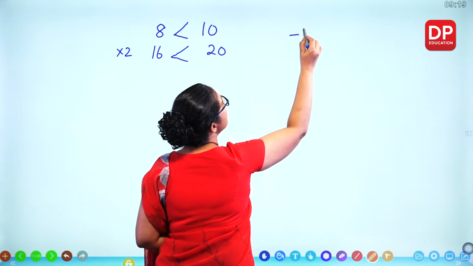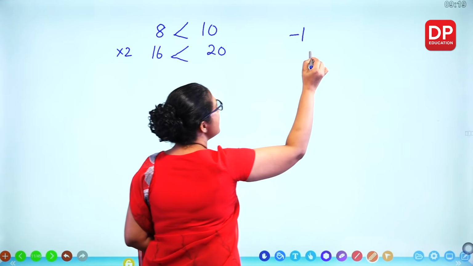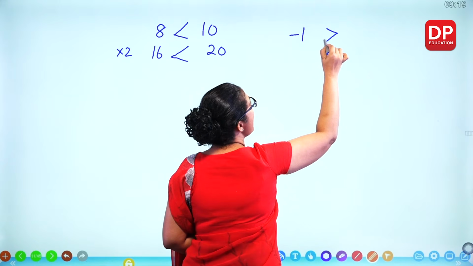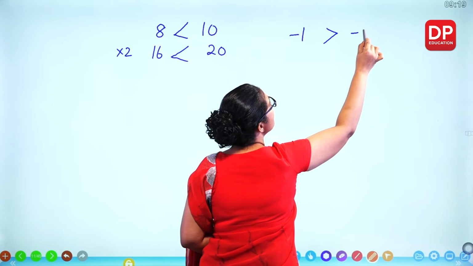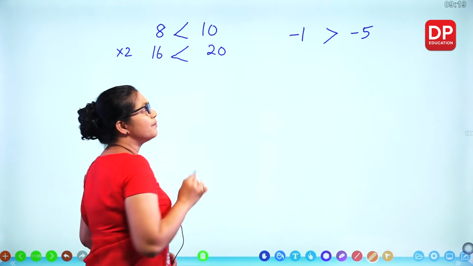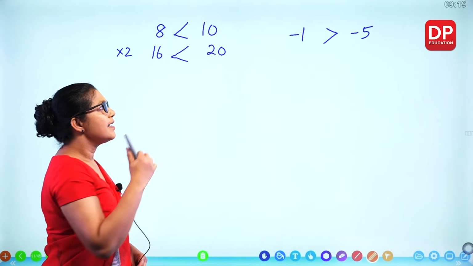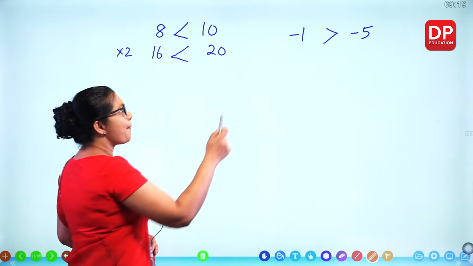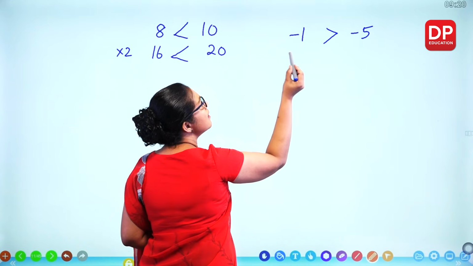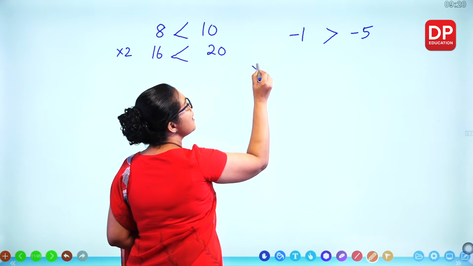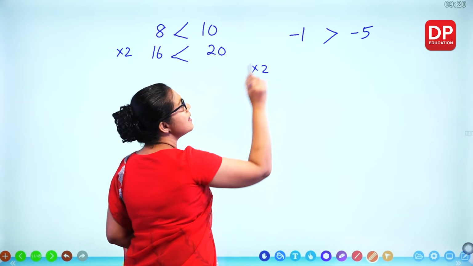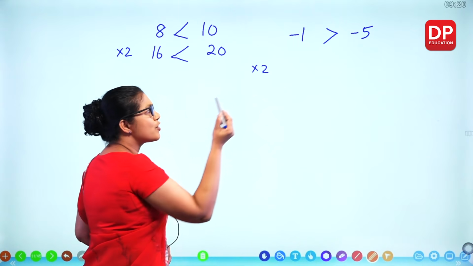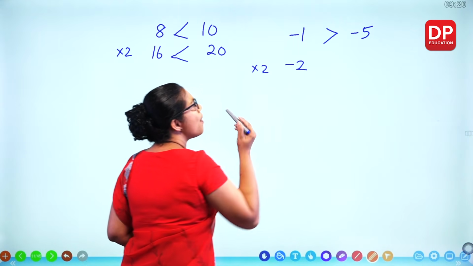Now we'll take another one. I'll take minus 1 is greater than minus 5, because minus 1 is towards the right side on the number line. So here, multiply by 2 on both sides. Minus 1 multiplied by 2, you get minus 2.